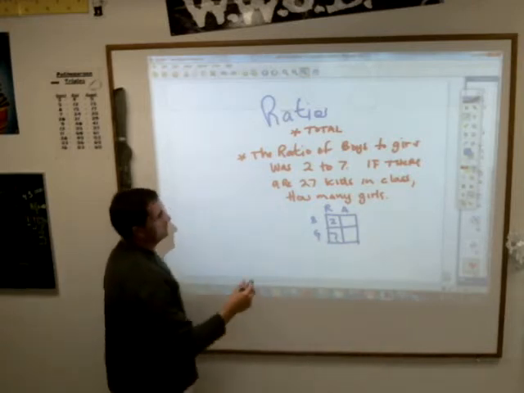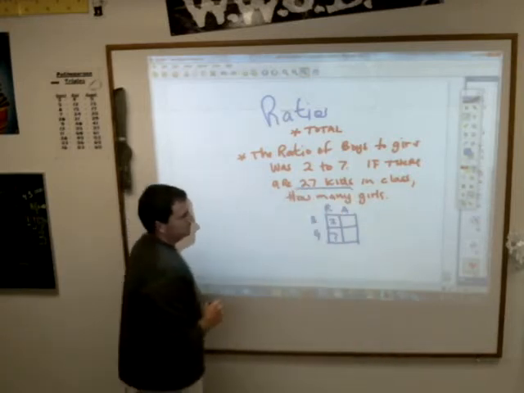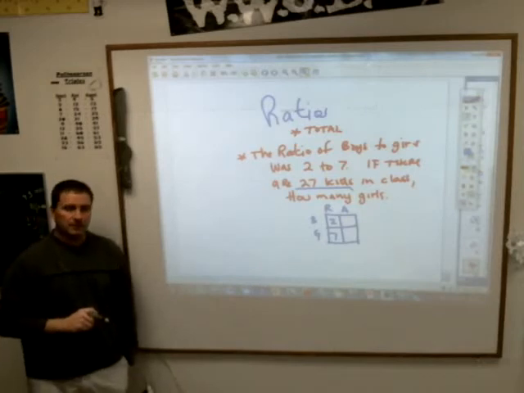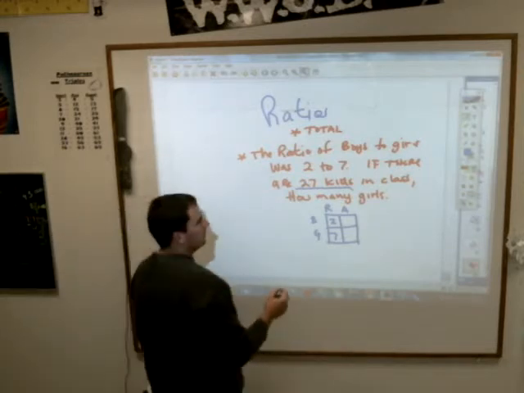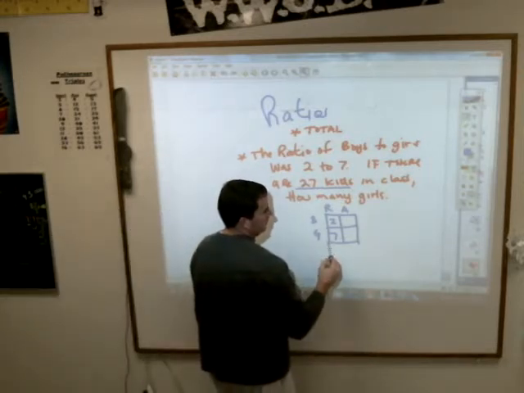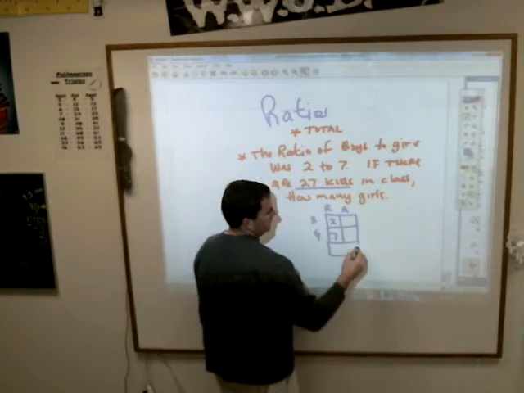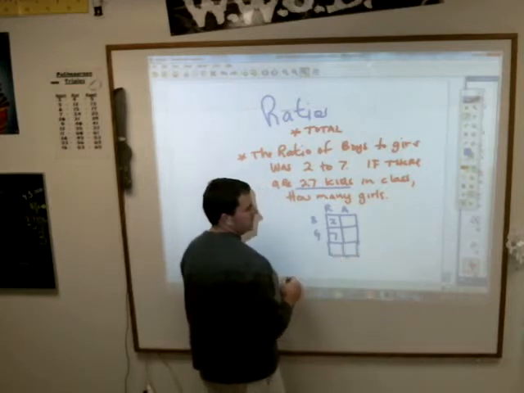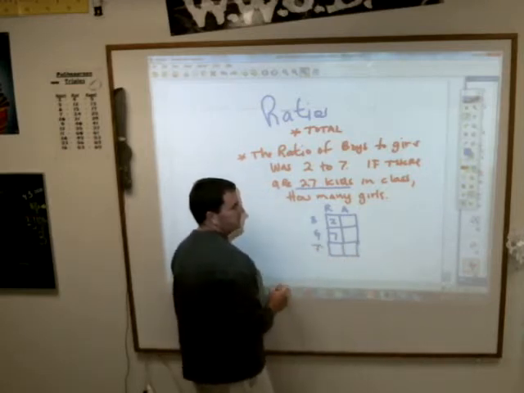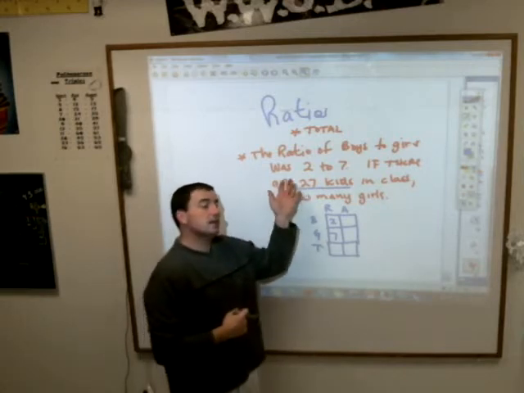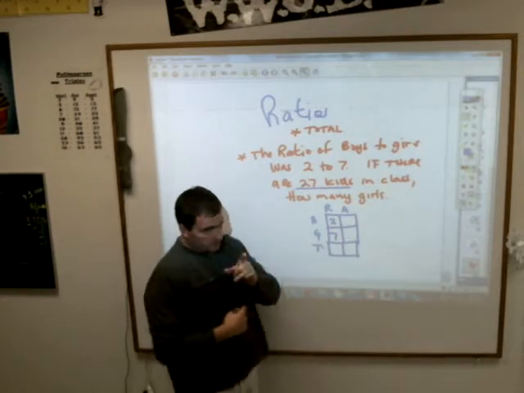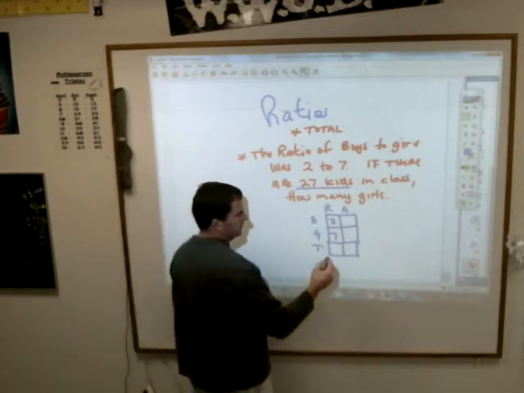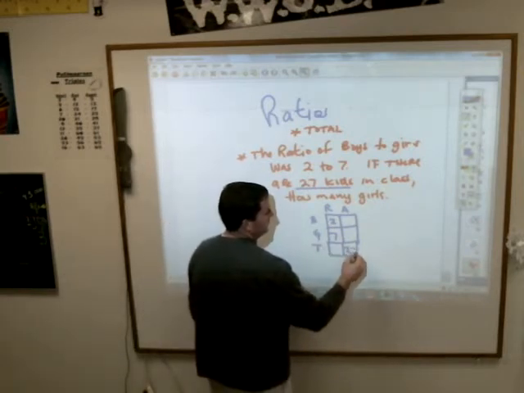But where does this 27 go? Because 27 is not boys or girls, it is total. Which means we need to add one more set of boxes that is the total. Now, is 27 the total of the ratio or the total of the actual? It's the actual, so it goes there.